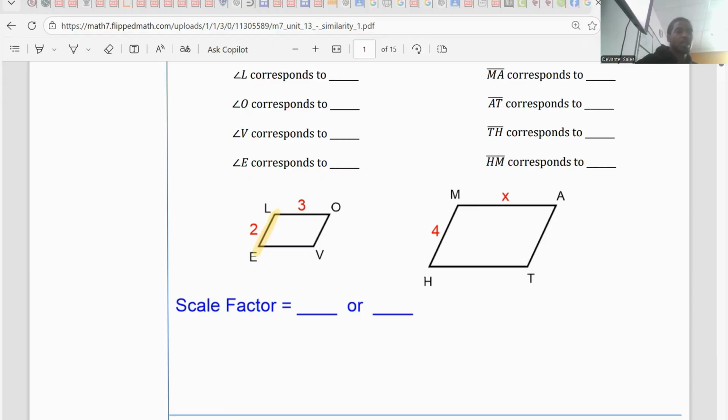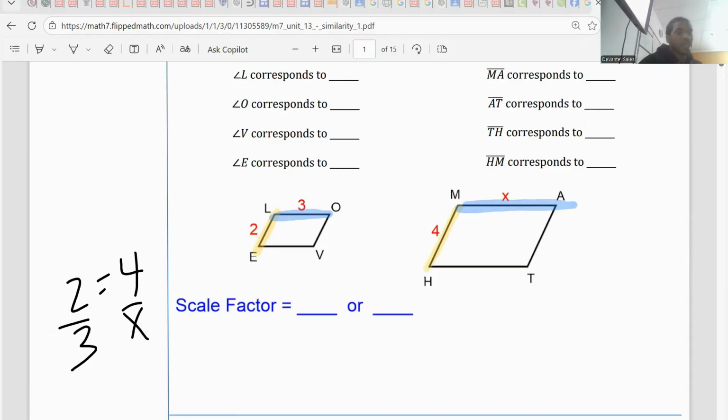So I could literally put those equal to each other: 2 equals 4. Then for my corresponding sides, I see I got a 3 here. That's LO, which corresponds with MA. So if I put 3 here and X there, I set up a proportion.